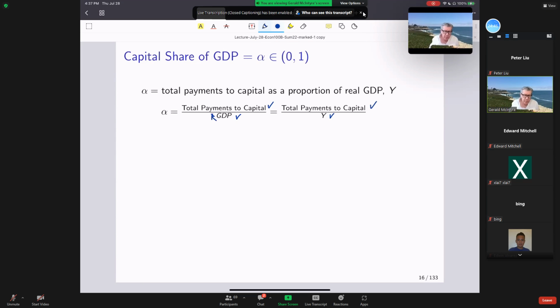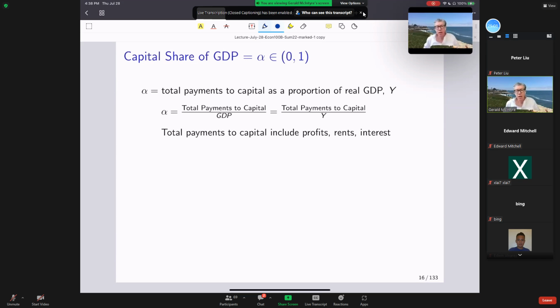And what are the payments to capital? Okay? The payments to capital are things that capitalists earn. Okay? Payments to capital will include profits that businesses earn, rents, because the landlord owns land, okay, and they collect rent. The ownership of funds allows you to earn interest.